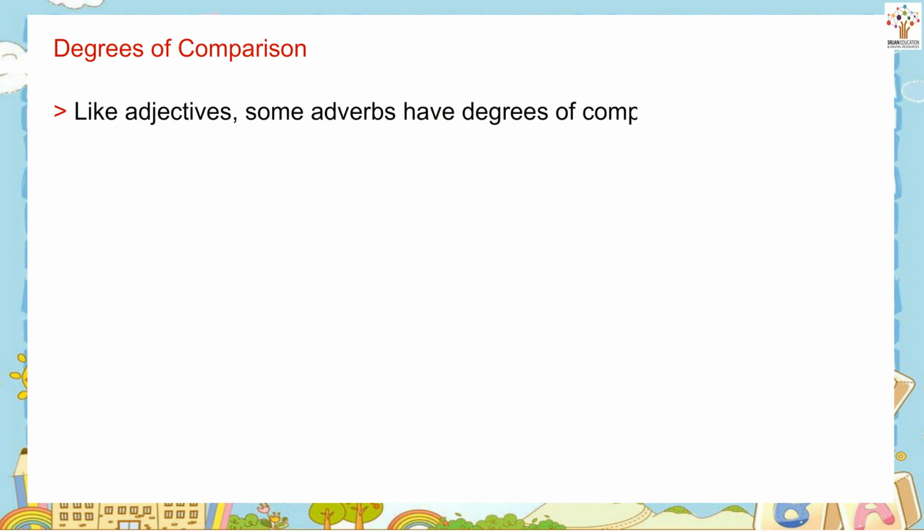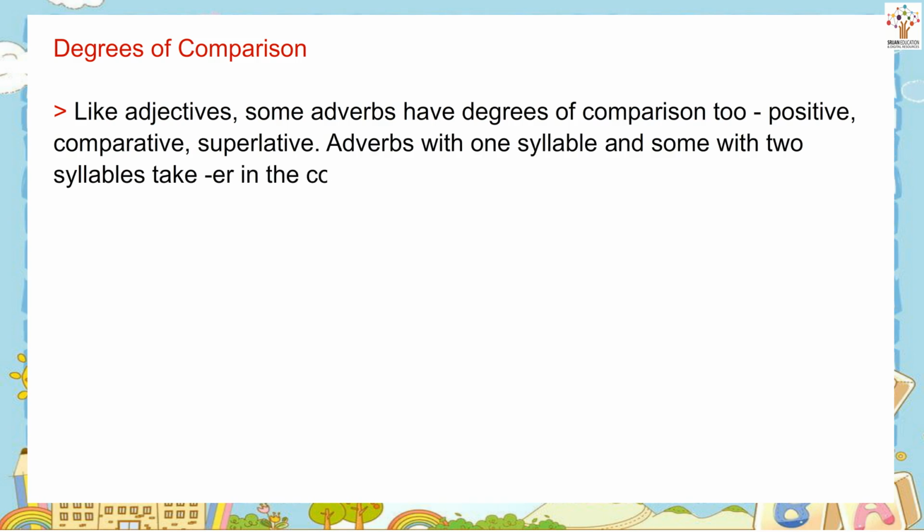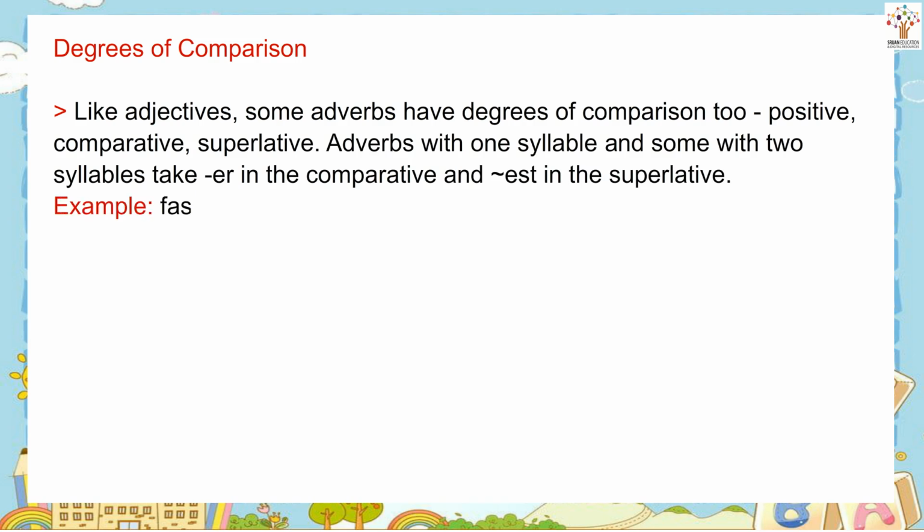Degrees of comparison. Like adjectives, some adverbs have degrees of comparison too. Positive, comparative, superlative. Adverbs with one syllable and some with two syllables take er in the comparative and est in the superlative. Example: fast, faster, fastest.